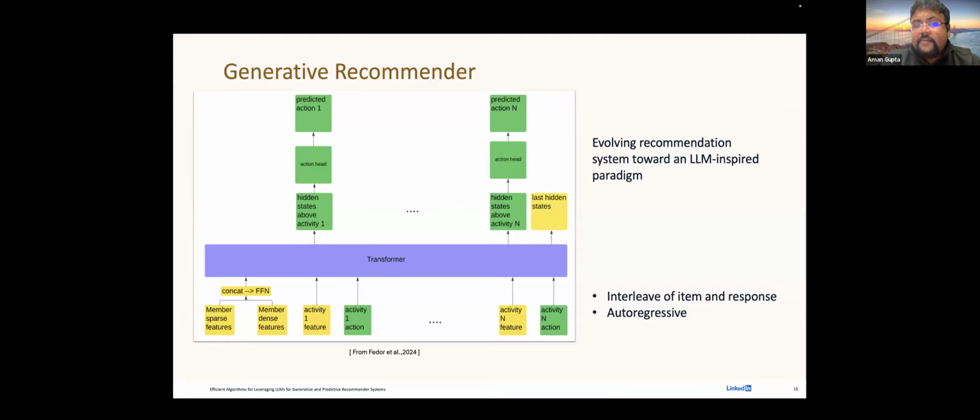And when we scale this training to more training flops, when we make the model bigger, we see a consistent increase in validation AUC across the board. So this is something that's being adopted not just by Meta and LinkedIn, but by several other companies as well around the world.